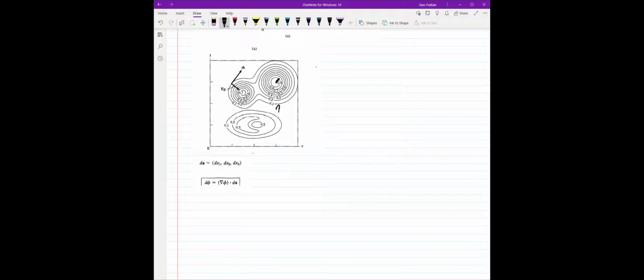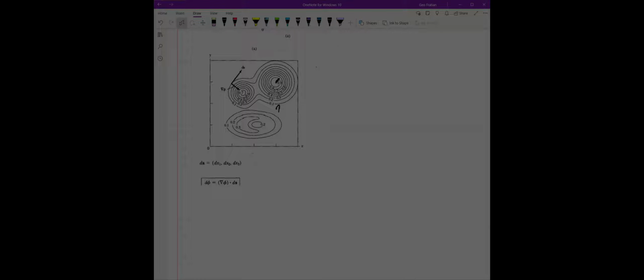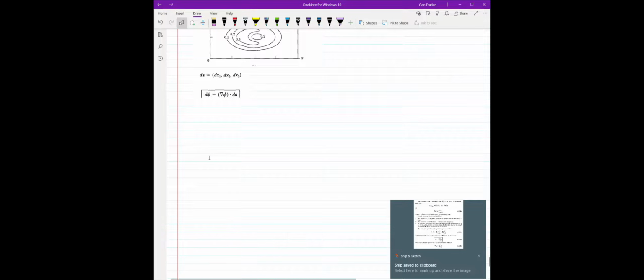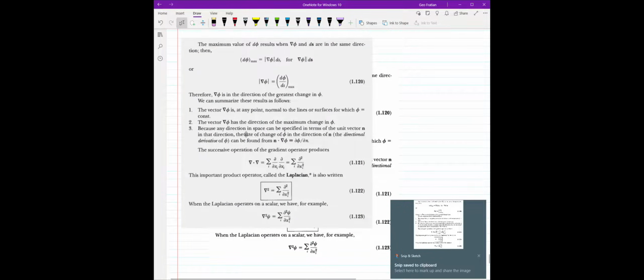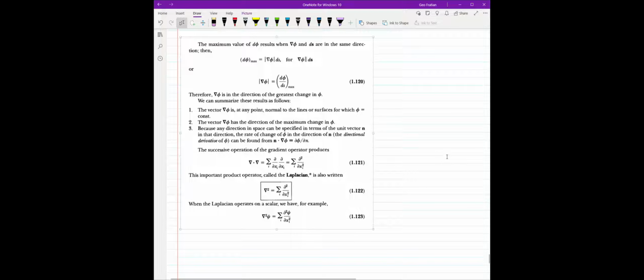This lets us define another term. If we think about the maximum value, the maximum value of d phi occurs when gradient phi and ds are in the same direction, because they're dotted.